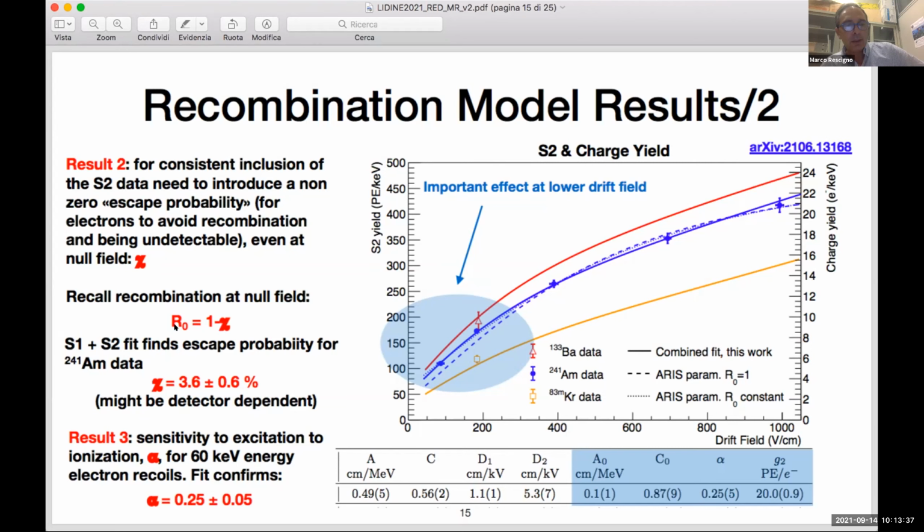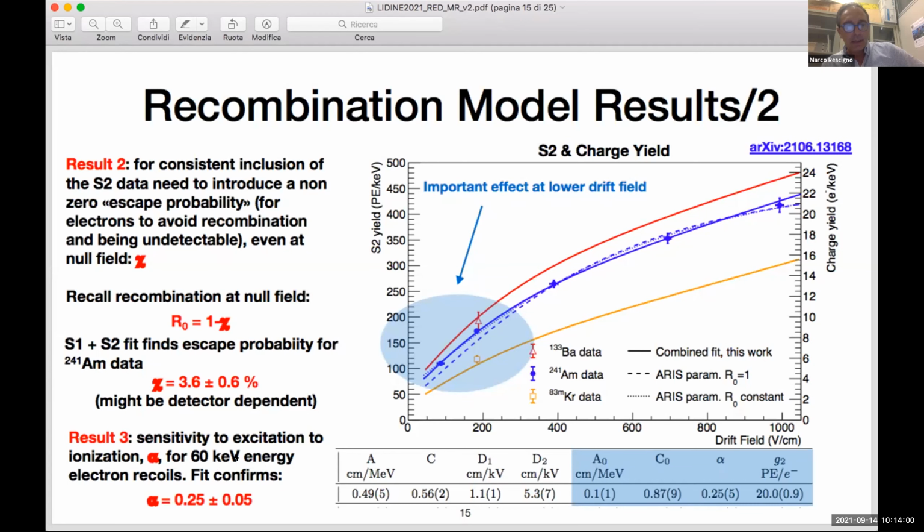The relation between R naught and chi is R naught equals 1 minus chi. And this chi, in our case, which might be detector dependent, has been measured to be 3.6%. But you see that different models that are not allowing for this clearly cannot match the data at low drift field.